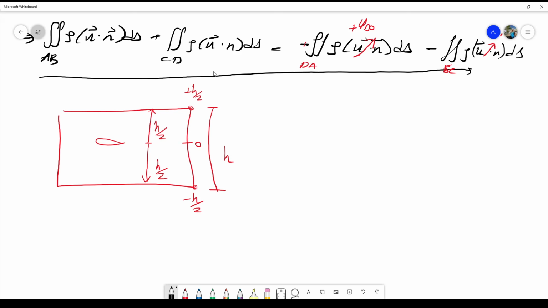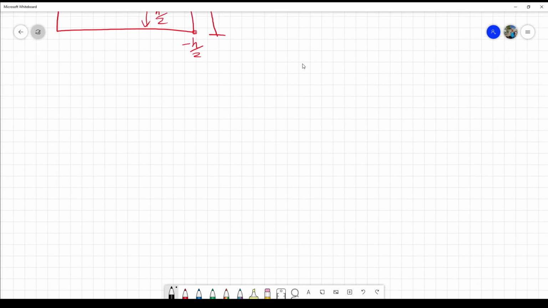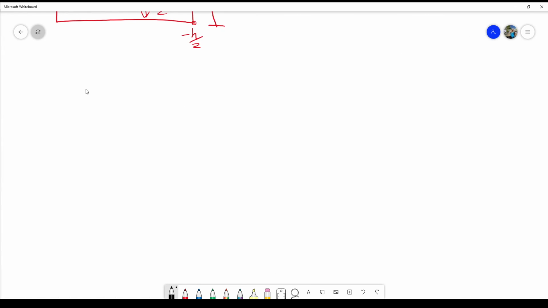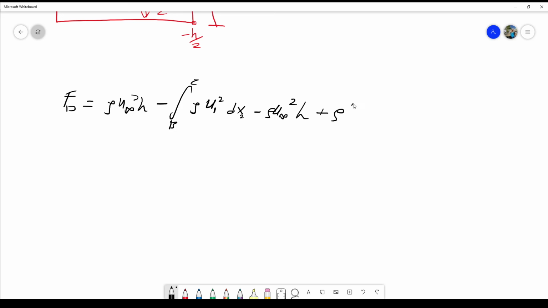We will be able to come up with a new set of equations, given by F_D, which is equal to rho u squared h, minus the integral from the surface B to C of rho u_1 squared in the vertical direction dx_2, then minus rho u infinity squared h, and then plus rho u infinity multiplied by again the integration from B to C of u_i dx_2.